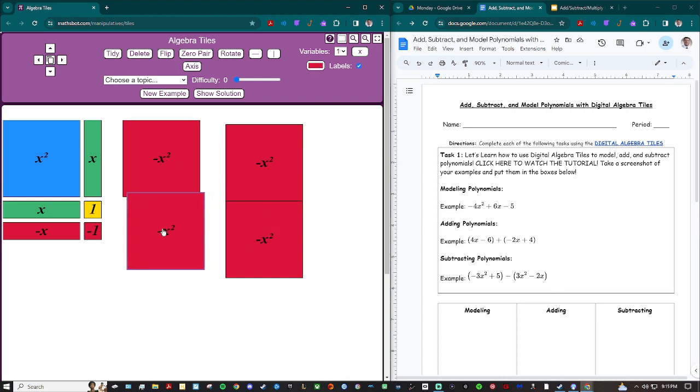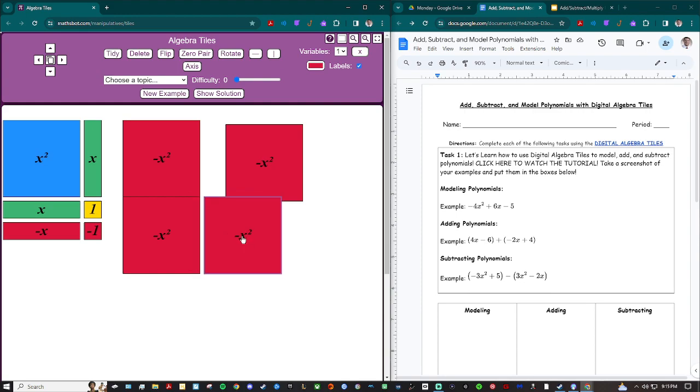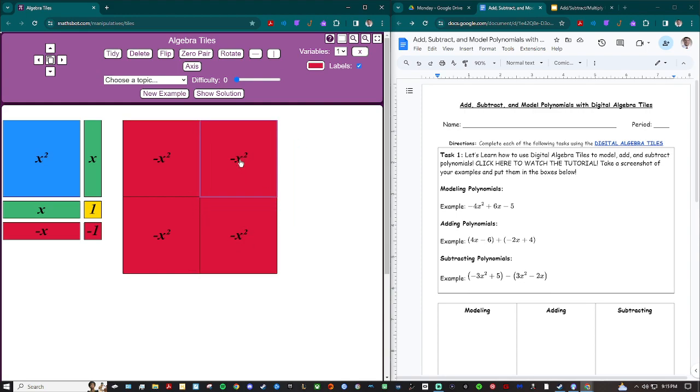You can drag these around wherever you would like, just to make sure they all fit on the screen. Next, I have 6 x's. So I need to drag 6 of these x's. So 1, 2, 3, 4, 5, 6. So I have negative 4x squared plus my 6x and then minus 5.